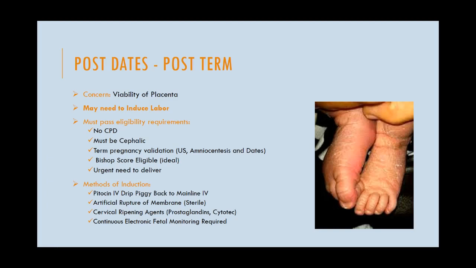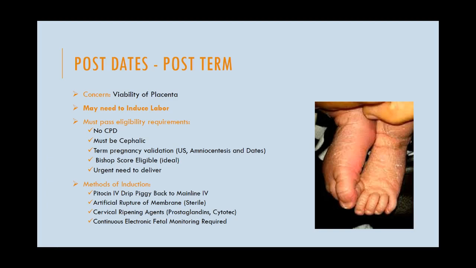So remember that we talked about the cervix being ripe for delivery. The Bishop score is something that we can do on sterile vaginal exam. It's just a scoring mechanism and a tool to tell us how favorable that cervix is going to be in relation to inducing labor.